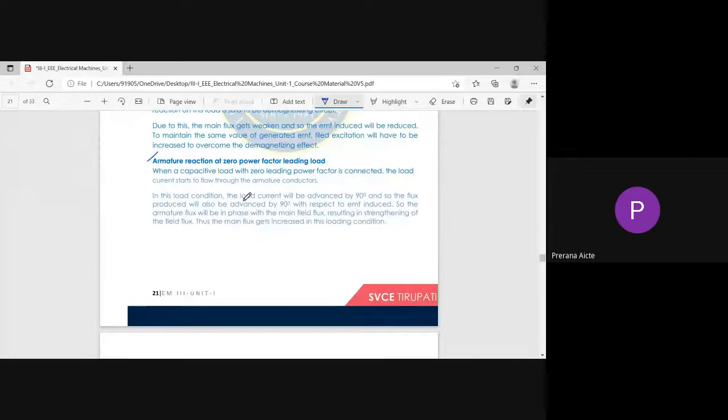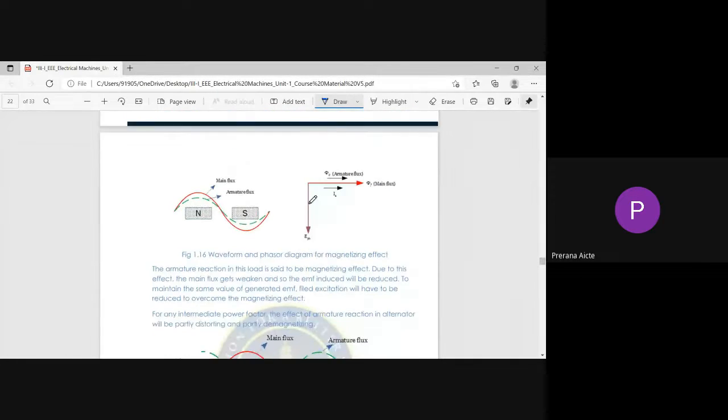Next, coming to armature reaction at zero power factor leading load. Leading means a capacitive load only, so zero power factor means a pure capacitive load. The main field flux is produced by the field current excited in the field winding. This flux is a useful flux, our working flux, our required flux.